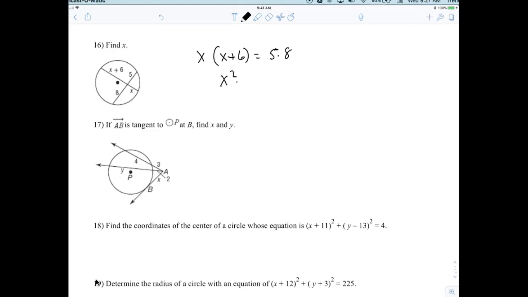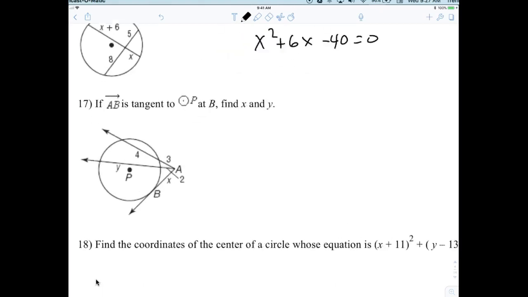So yes, x squared plus 6x minus 40 equals 0. That one does factor, so that's not a big deal.